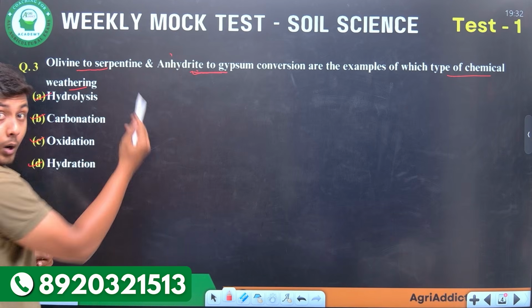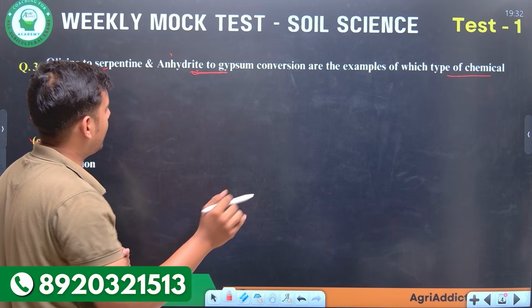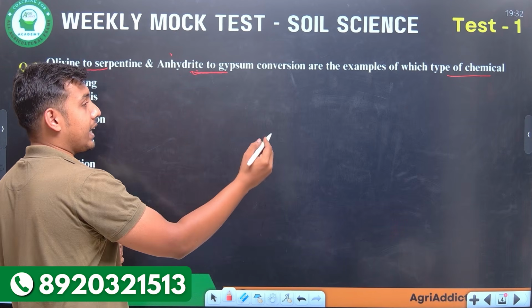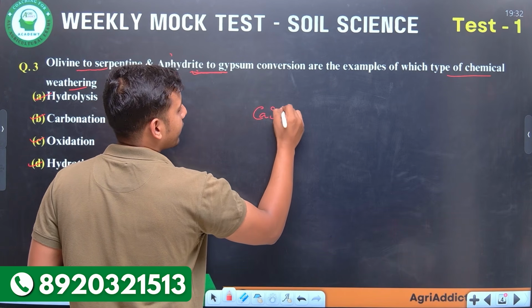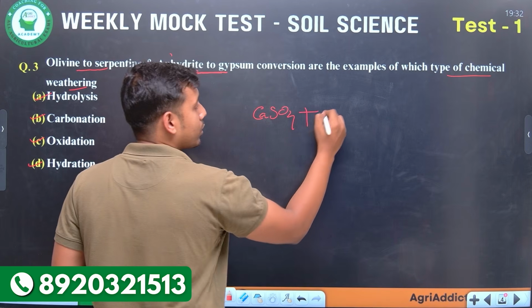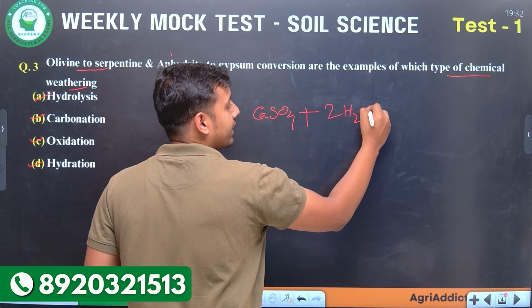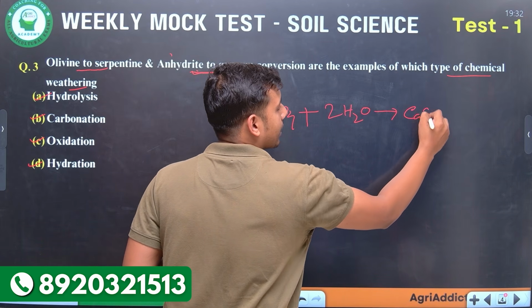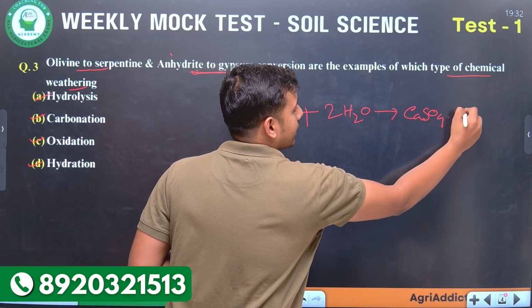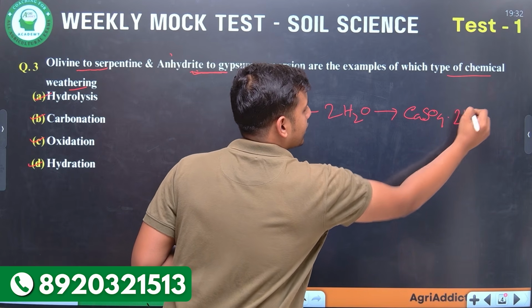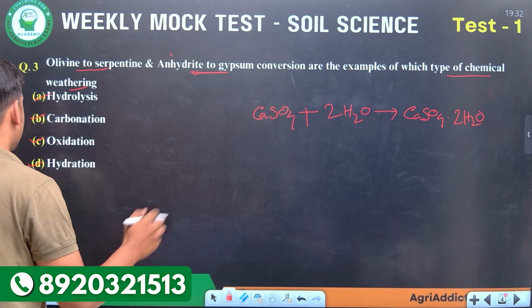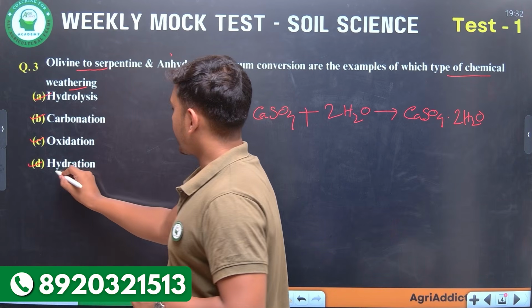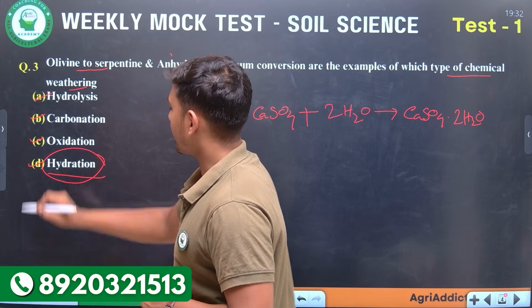Anhydrite means there is no water, and gypsum is connected with water. Anhydrite is calcium sulfate. When 2 molecules of water are added, it becomes gypsum. So we can clearly judge that it is a water addition process, and a water addition process is hydration. So the answer will be hydration.